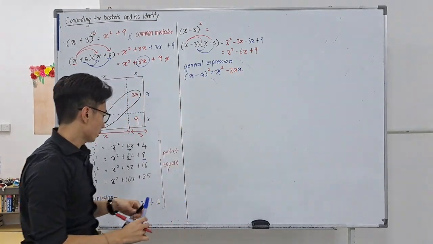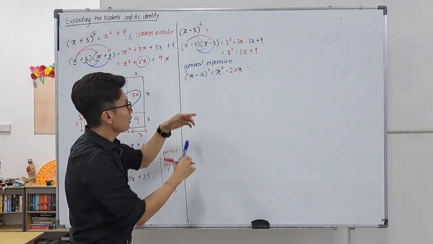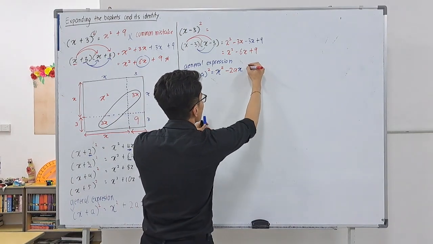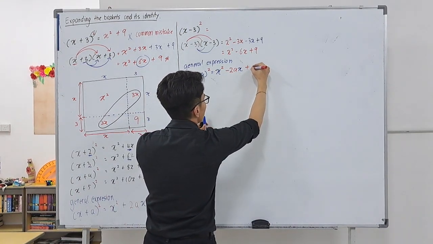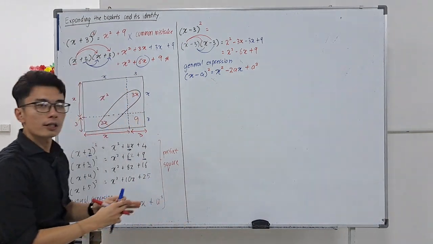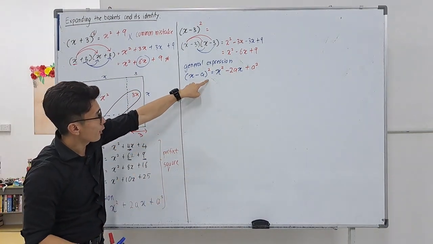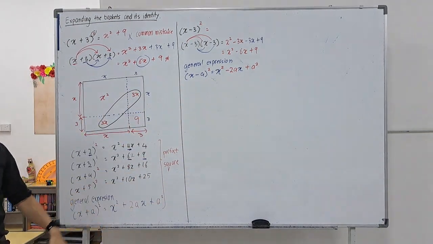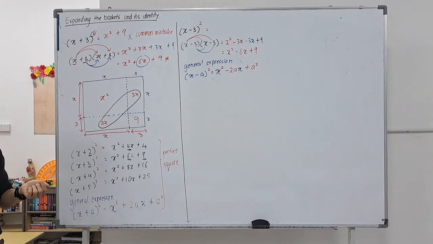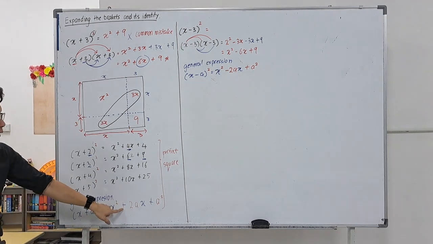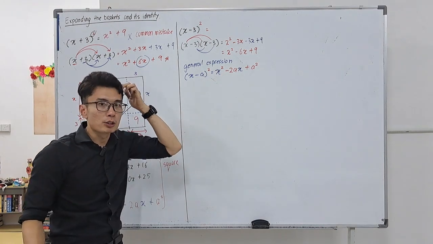Okay? And the final term is going to always give you a positive a squared. Okay? Now compare this expression and this expression over here. So basically they look the same. The only difference is one of them is plus and this is minus over here.